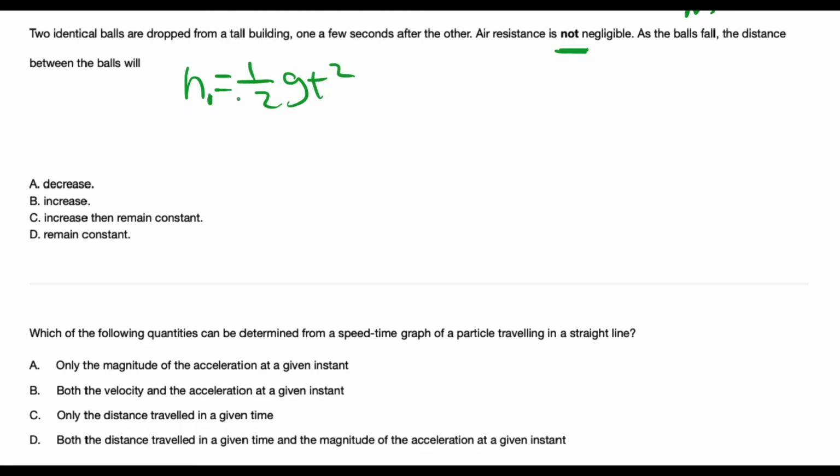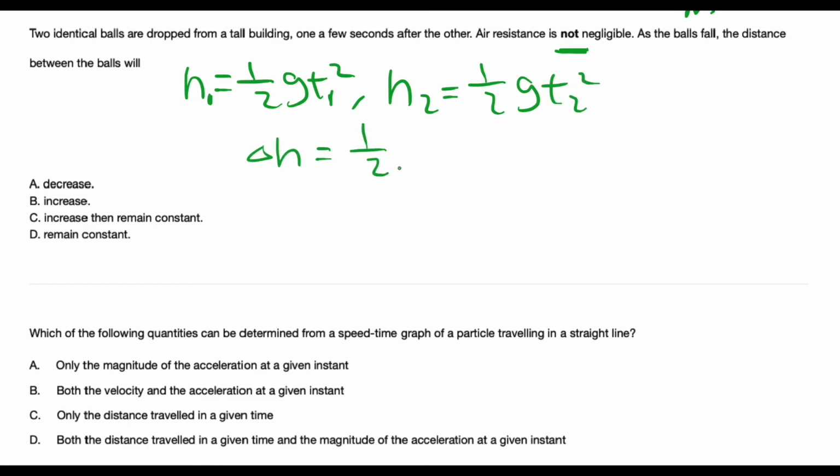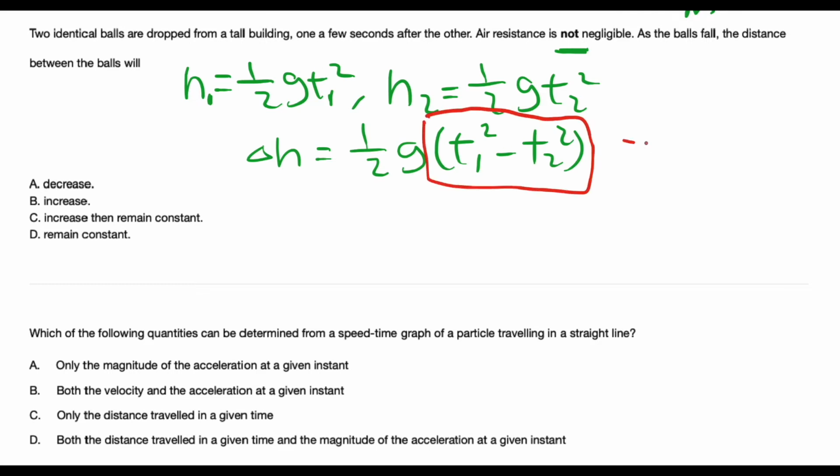Let's say this is for the first ball. For the second one, it's going to be equal to a half times gravitational acceleration times t2 squared. So delta H is going to be equal to a half times gravitational acceleration times t1 squared minus t2 squared. So from here, we know that initially the distance between the two objects is going to increase.